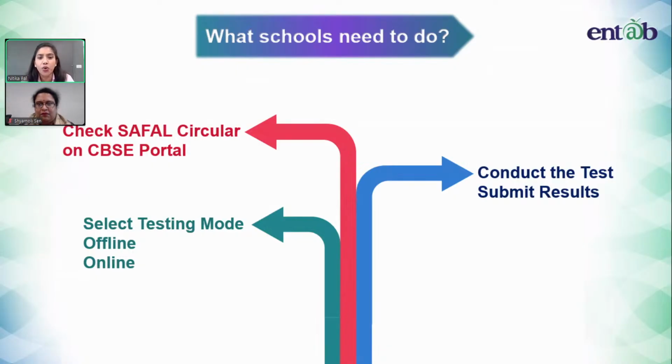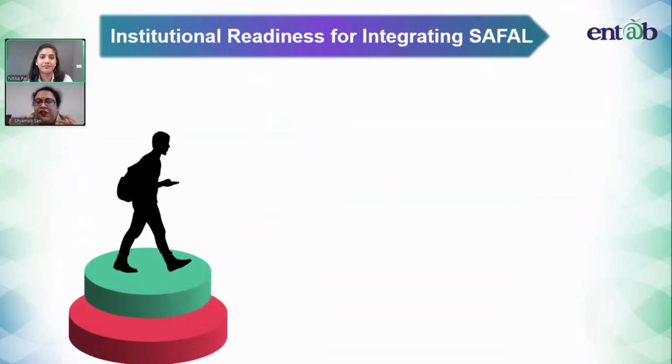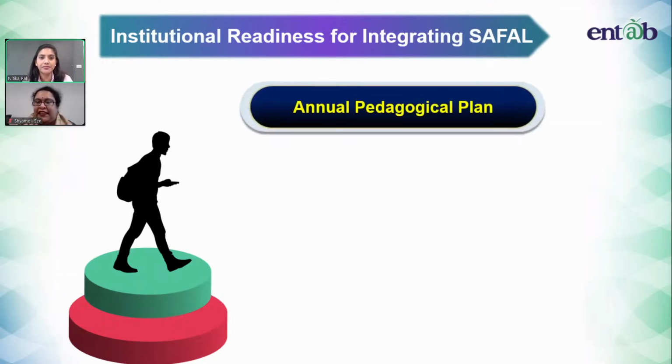Now that we know what schools need to do, let's discuss the school's readiness. Yes, institutional readiness of school is a very crucial part of doing well in a SAFAL assessment. As we all know, students need to take SAFAL assessment when they are at grades 3, 5 and 8.